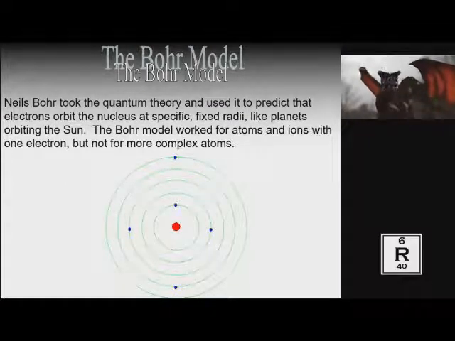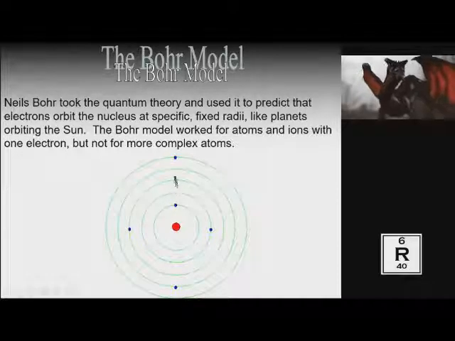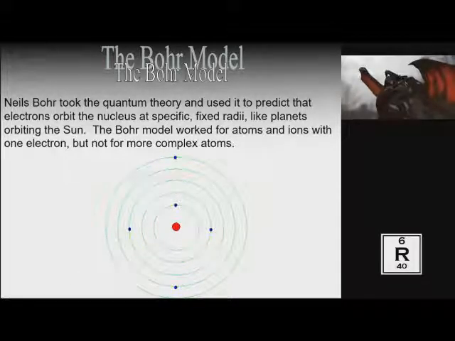The Bohr model is basically a model of an atom, which would be mostly empty space with a small nucleus in the center, and showing that electrons are quantized, that they have different areas that they exist at.